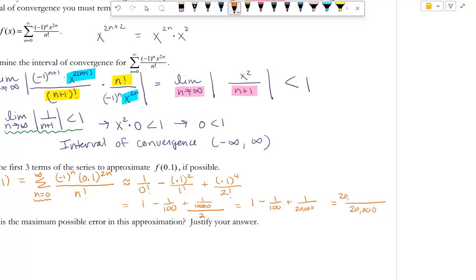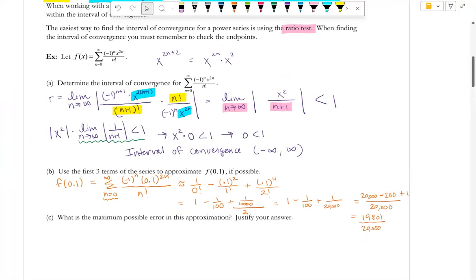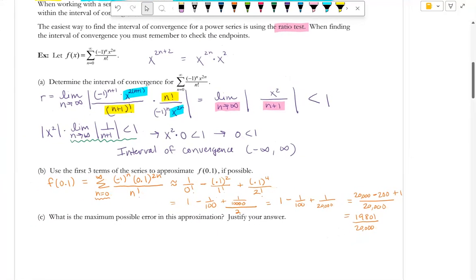So I have 20,000 minus, I would have to multiply 100 by 200 to get 20,000, so minus 200 plus 1, we end up getting 19,801 over 20,000. So that is our approximation for f of 1/10.